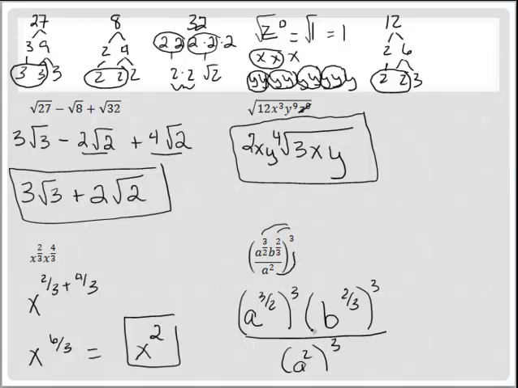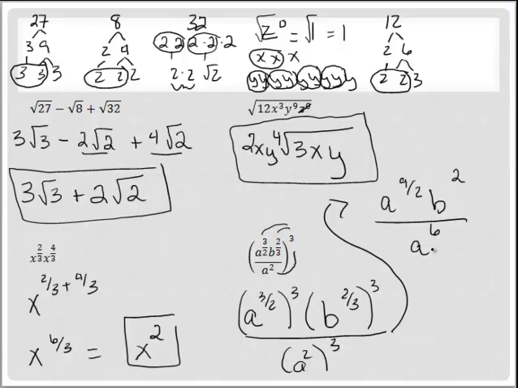We have to raise this to that power as well. Let's come up here. So a to the 3/2 cubed, multiply 3/2 and 3, and you get a to the 9/2. b to the 2/3 cubed, 2/3 times 3 would just be 2. A squared cubed would be a to the 6th.